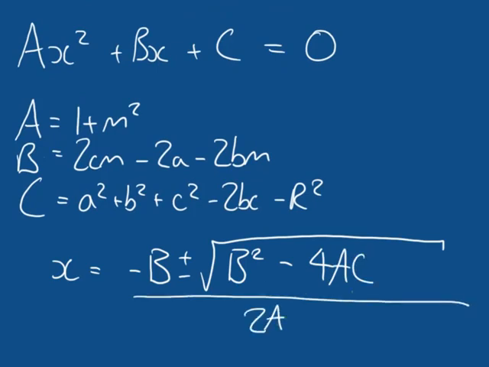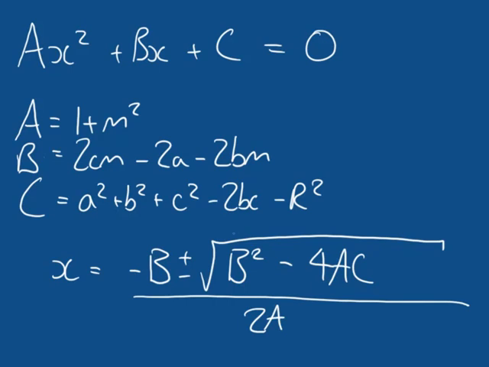So we can use this to solve. Now, just as we saw when we were solving quadratic equations, the value here of our B squared minus 4AC, this is going to determine if there are two solutions, one solution or no solutions to our problem.